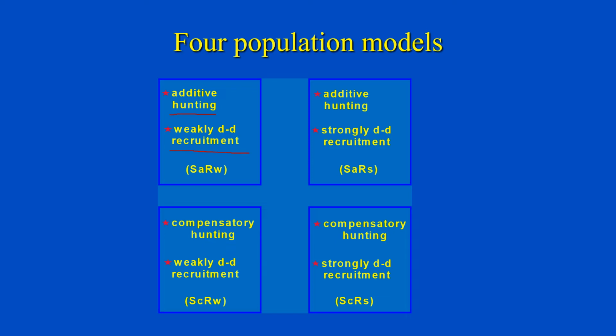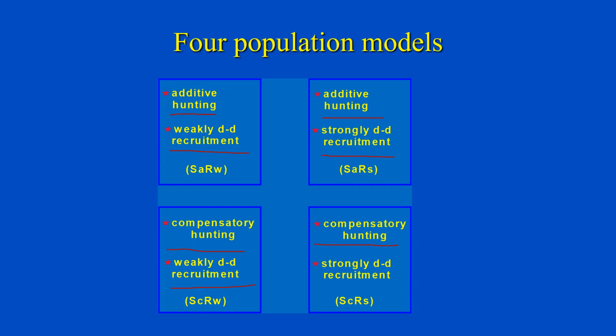The second would be, again, additive hunting mortality, but now strong density dependent recruitment. So even if the population drops, you're going to get a lot of young produced probably that following year. It'll bounce back. Third is compensatory hunting mortality with weak density dependent recruitment. And then finally, the most liberal model, if you will, compensatory hunting.